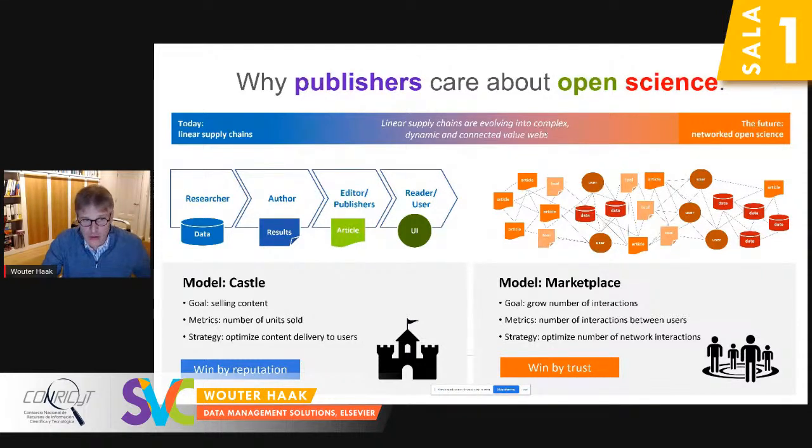We help researchers build reputation, which is a good thing. But the second one is even more interesting, because in this network model, it's a trust model. You need to trust who to share your data with. You need to control who you share your data with. But when you do, you attract more collaborations and more impact. This allows you as a researcher or as an institution to grow more, control more, and have more impact.